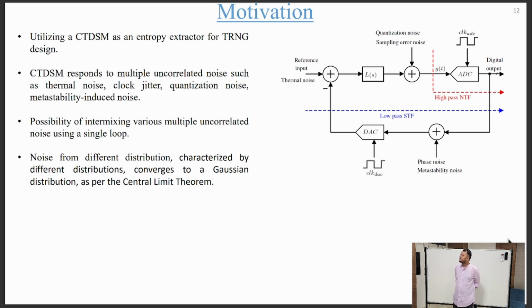All these have different distributions, but they converge to a Gaussian distribution at the point yt, which can be sampled to get the random sequence. That was our motivation, to use multiple uncorrelated noise sources for TRNG design.